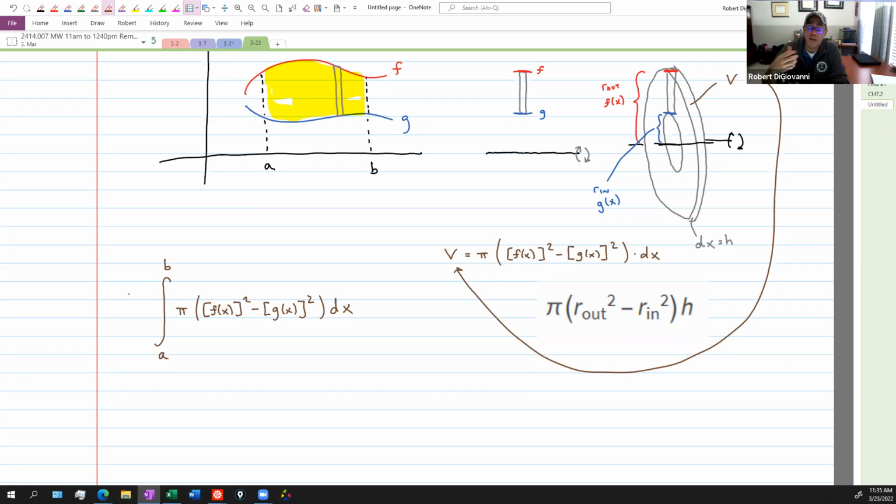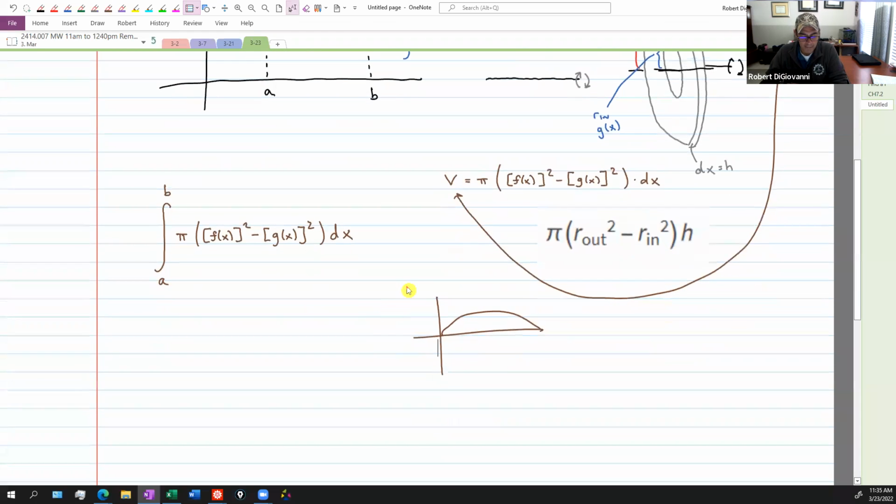So when you rotated it, it would be solid. There wouldn't be a hole in the middle. It would look kind of like a football. If you just took one arc of sine like that and rotated that around the x-axis, it would be almost like a football, right? Okay.